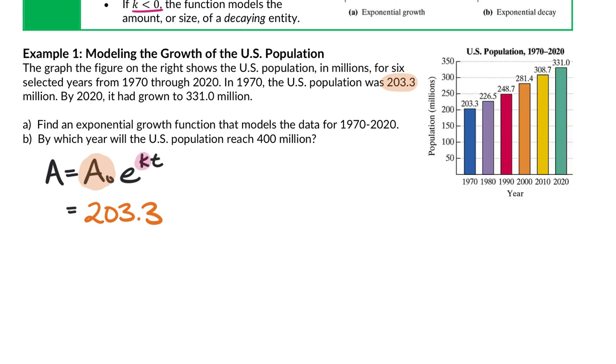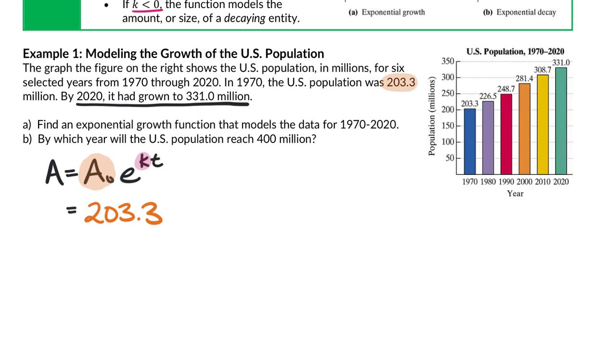In the blurb right there, did it tell us the rate at which we are growing? So what we're going to do to find k is use the other input-output value that it gave us, which was in year 2020. It had grown to 331 million, as another input and output pair.